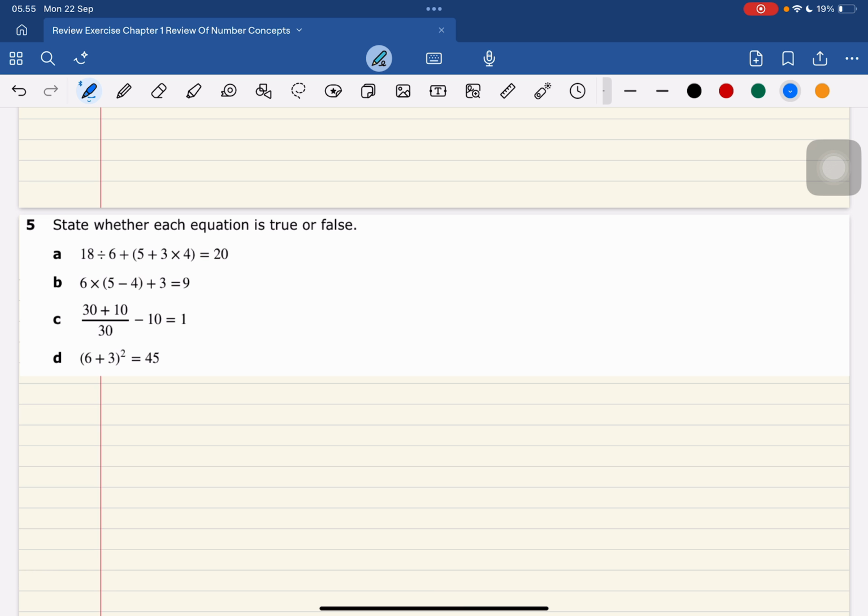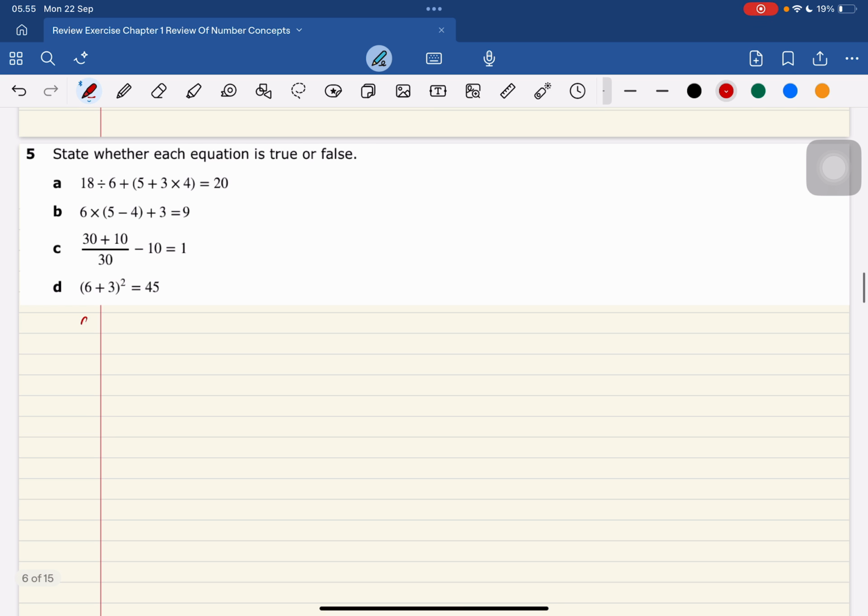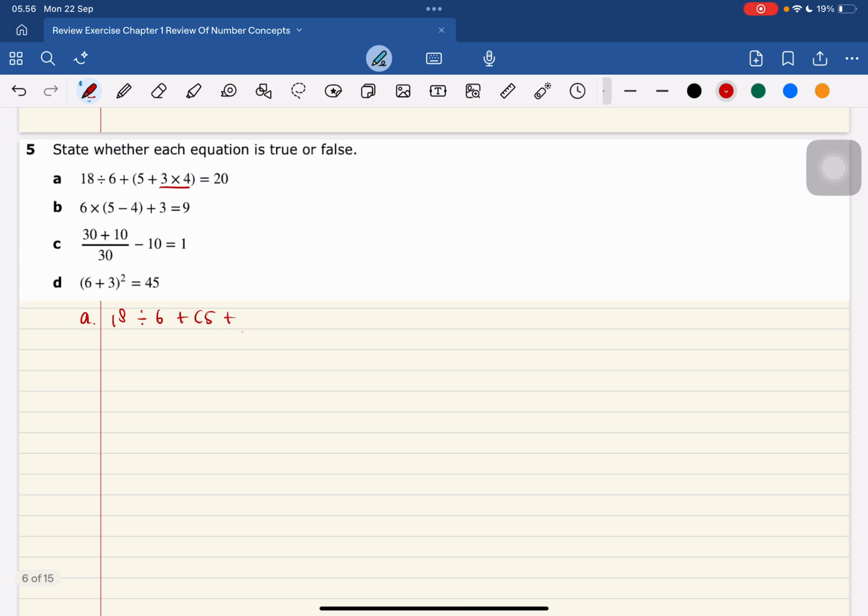Number 5. State whether each equation is true or false. Okay, let's start from A. So 18 divided by 6 plus 5 plus, okay, this is the first thing that we need to do: 3 times 4 equals 12.